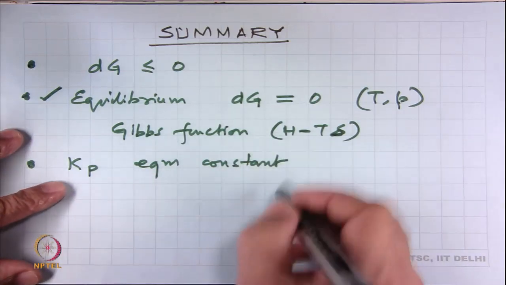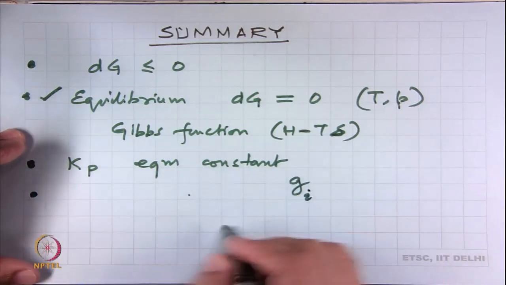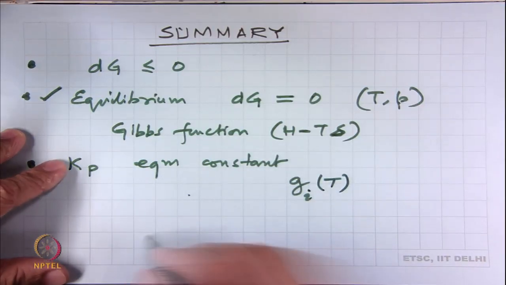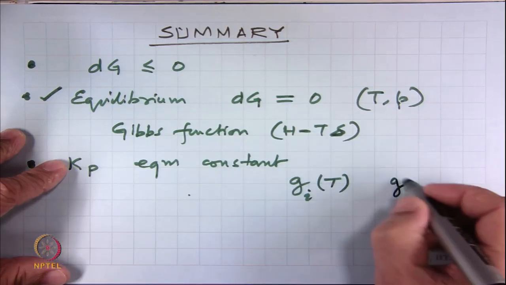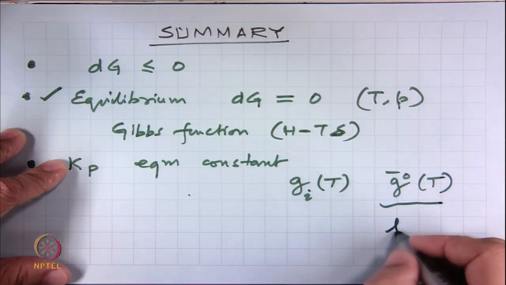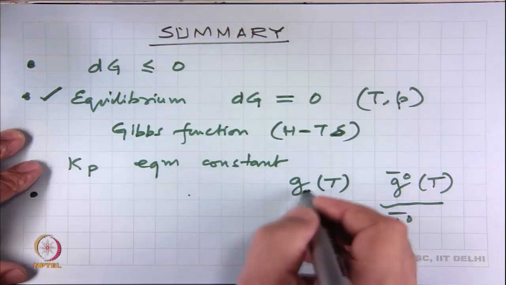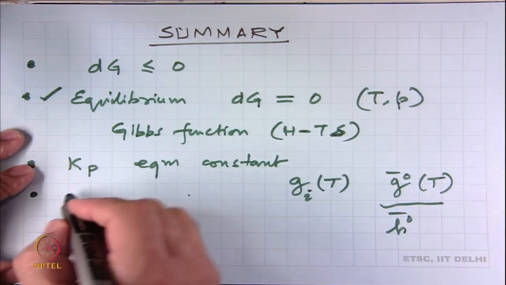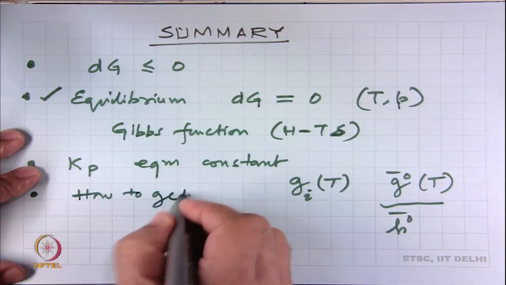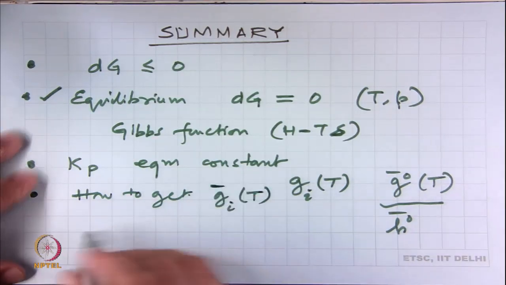In doing that, we will also require values of Gi, which is the Gibbs function for any material at a particular temperature, and this data we can get as the G0 data from the same tables where we have looked at H0 data, and from there we can use this in these equations. So, we also knew the method to get G of i at any particular temperature, or G bar.